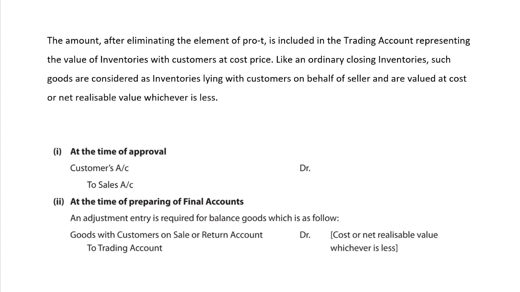The amount after eliminating the element of profit is included in the trading account, representing the value of inventories with customers at cost price. Like an ordinary closing inventory, such goods are considered as inventories lying with customers on behalf of the seller, valued at cost or NRV, whichever is less.